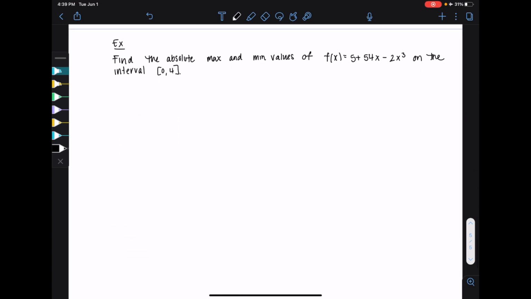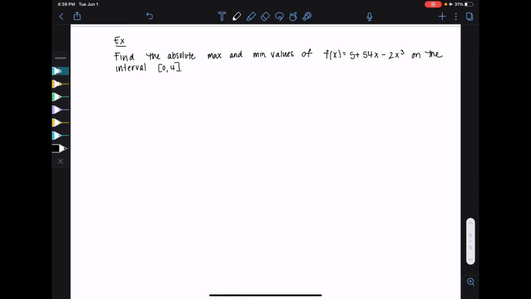So let's try one example. We're going to find the absolute max and min values of this function on the interval from 0 to 4. So first and foremost, definitely dealing with a closed interval, 0 to 4. And this is a polynomial. It is continuous everywhere. So now I can actually go ahead and apply this closed interval method. But I need to make sure I state that.